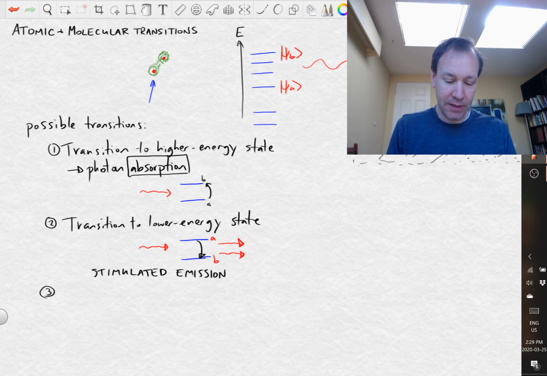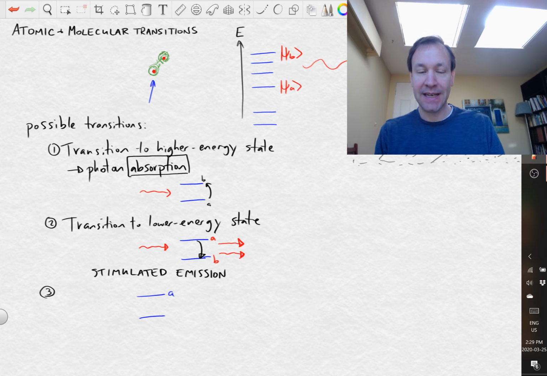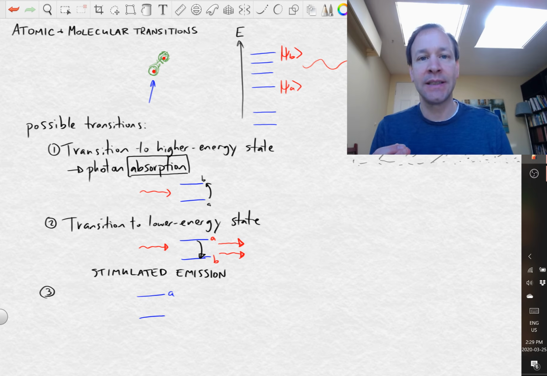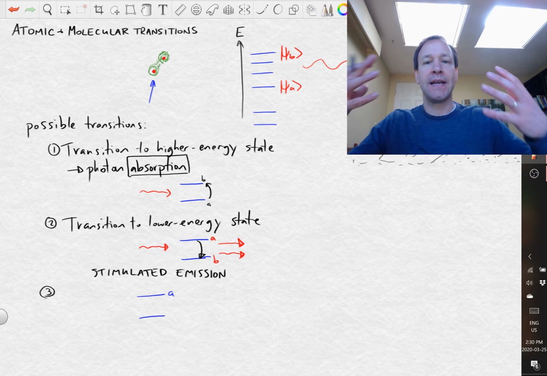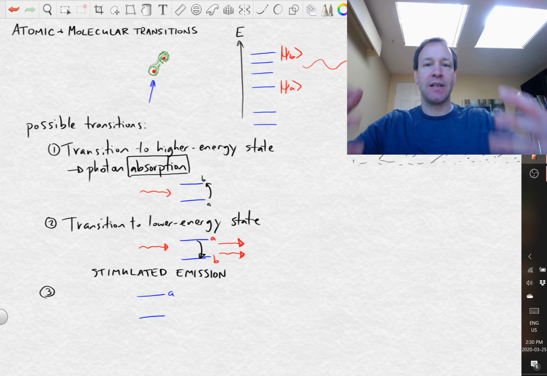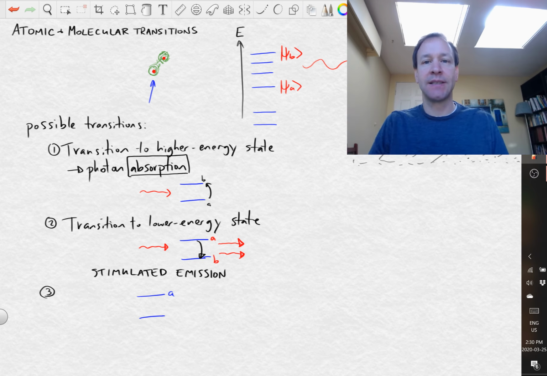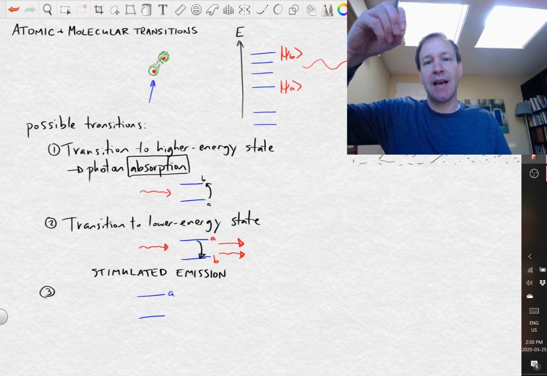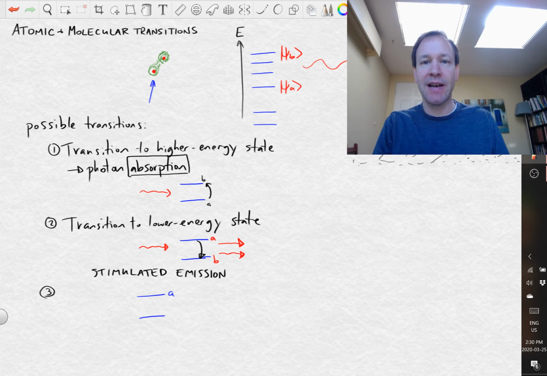So what we'll see is that you could have, say, an atom in this state A, and then by what we would call a spontaneous process, the atom can make a transition down to a lower energy state, and where does the energy go? It is emitted in a photon.